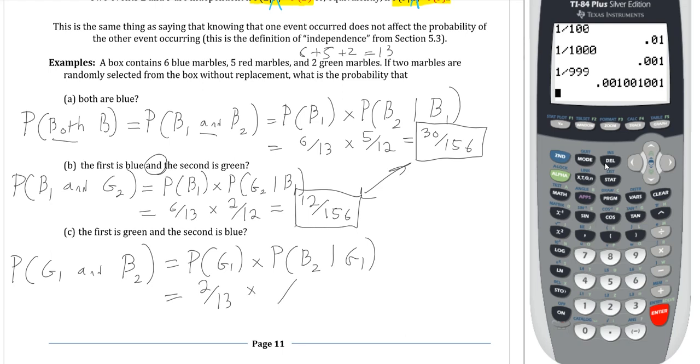Then when I've already selected a green marble, there's only 12 marbles left overall. And there were originally 6 blue marbles, and there still are 6 blue marbles, because what I already selected was 1 green marble. So that means the probability is 6 out of 12. If you did this on your own, you may notice that if you multiply these, you get 2 times 6 is 12 out of 156.